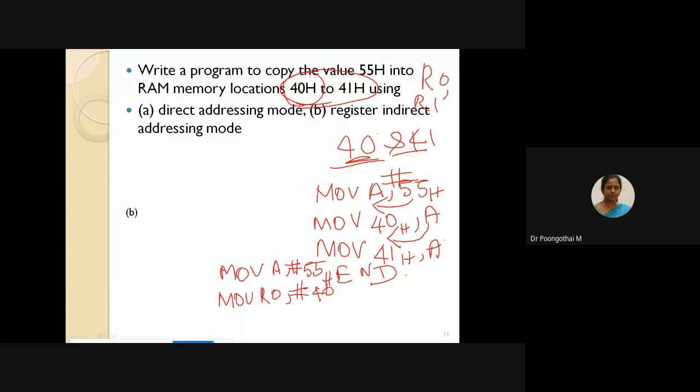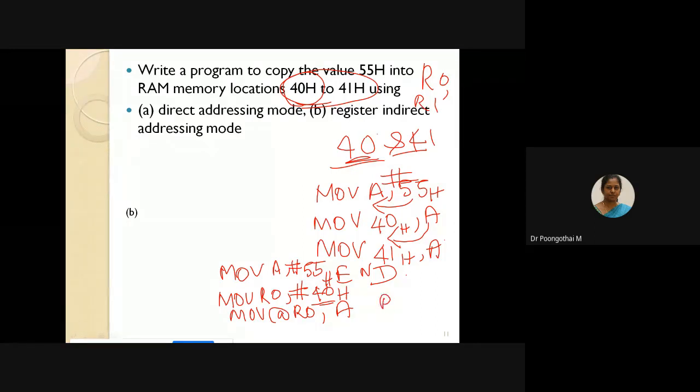According to this instruction, this 40 can be considered as an immediate value. After that, you have to configure this R0 as a pointer by using this instruction, MOV @R0, A. So what is the purpose of this instruction? Whatever data is available at the accumulator is transferred into the address pointed to by R0.